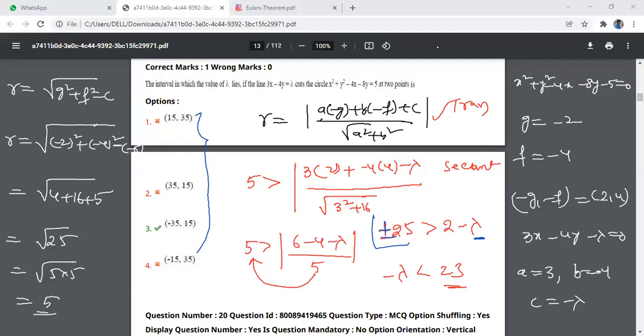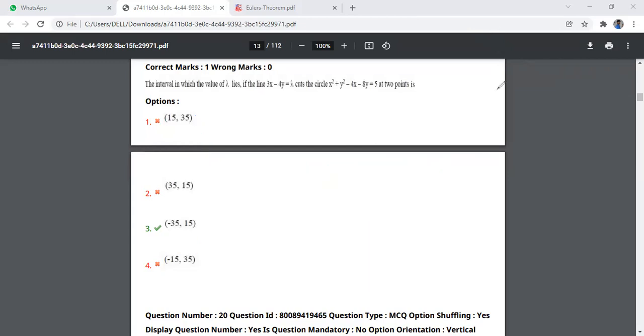We made a mistake here. Minus 4 into 4, here it will be minus 16. 16 minus 6 means it will become minus 10. So plus or minus 25 greater than minus 10 minus lambda.